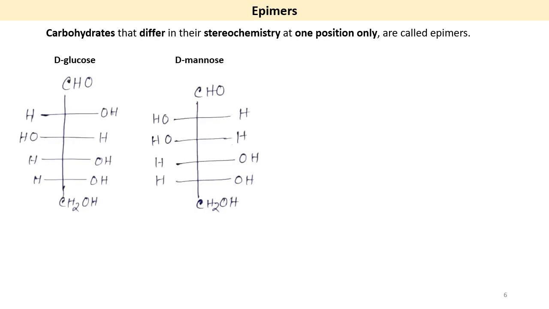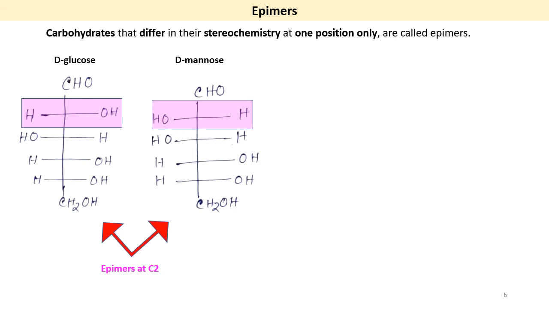For example, D-glucose and D-mannose. If you look at the structure, the structural formula is the same. Both are aldohexoses, right? And all the chiral centers except for C2 have the same orientation or same placement of OH and H. Only C2 is differing.